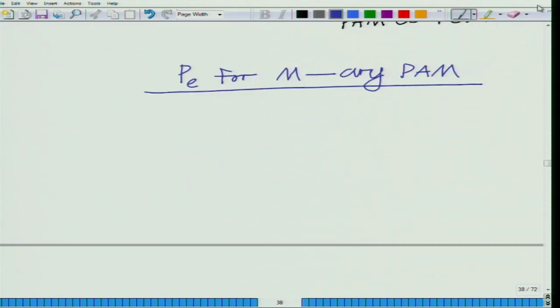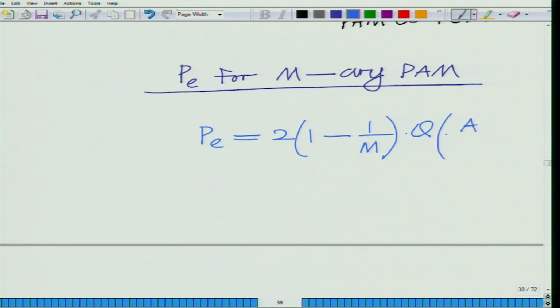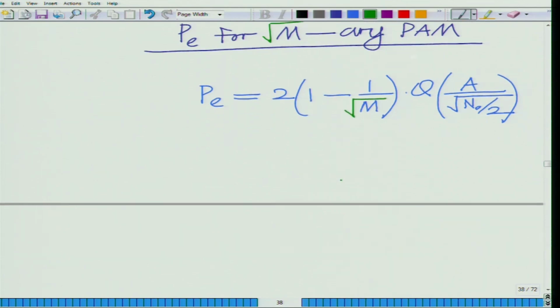Probability of error for M-ary PAM is, well, probability of error equals twice 1 minus 1 over M, Q of A divided by square root of N0 over 2, except now we are dealing with a square root M-ary PAM. So, this is the probability of error for each individual square root M-ary PAM.